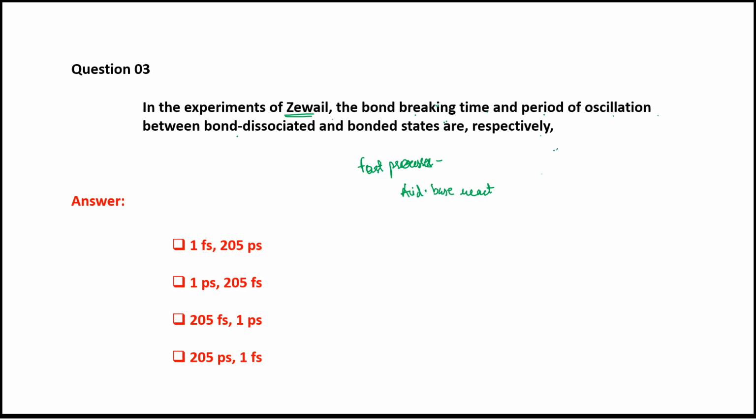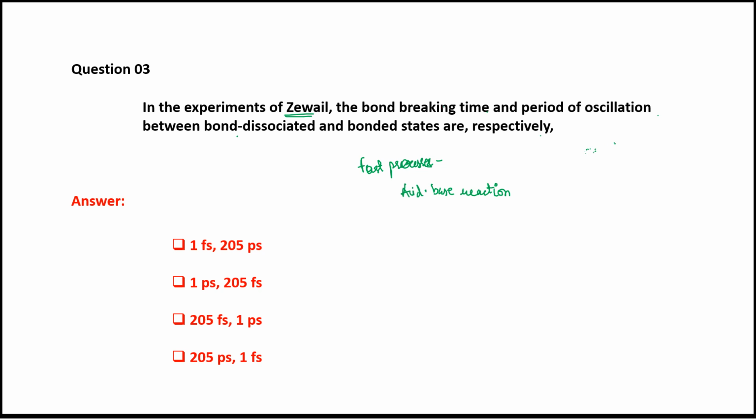It is shown that when a molecule dissociates, it does not only dissociate completely and get separated. At a certain point of time, there is an oscillation between the dissociated and the bonded state of the two.